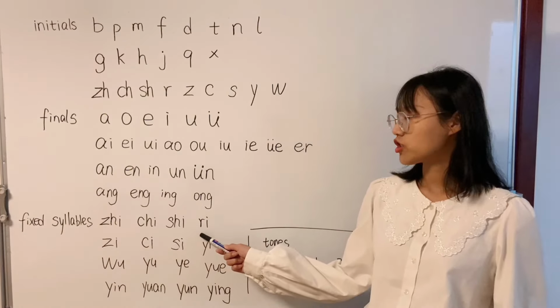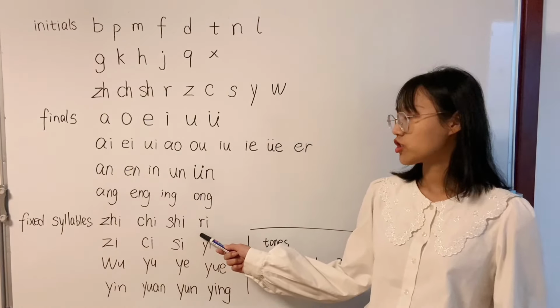Ying. Let's read the fixed syllables again. Zhi, chi, shi, ri, zi, ci, si, yi, wu, yu, ye, yue, yin, yuan, yun, ying.